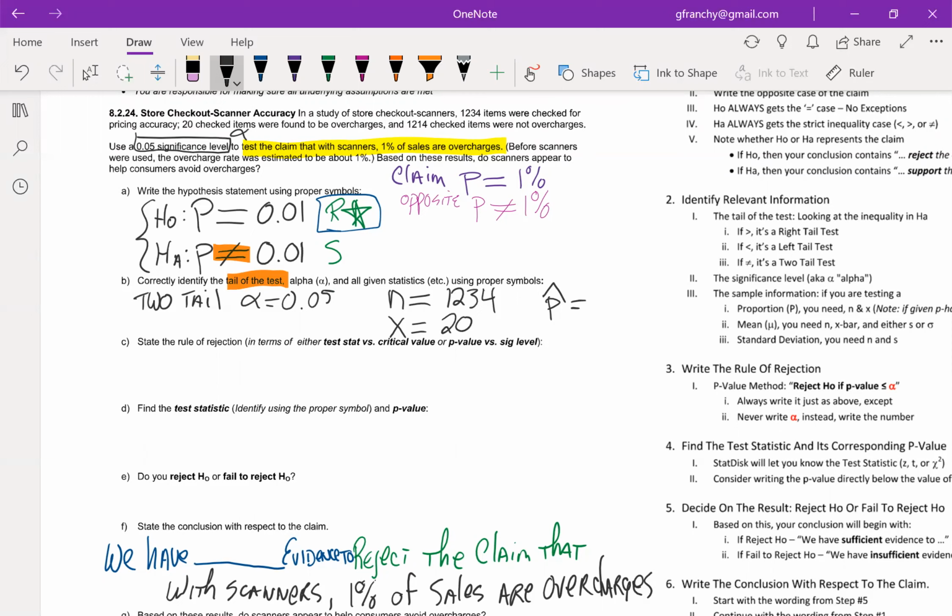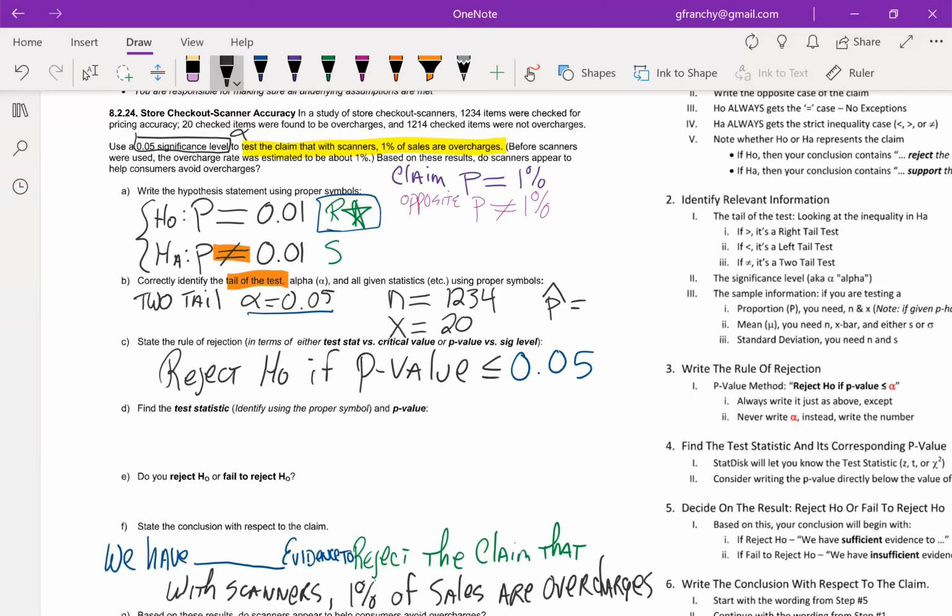That was 20. So we've got all of our relevant information. Now we can go down to our rule of rejection, which is reject null hypothesis if the p-value is less than or equal to, and again, we never want to write alpha, we want to write the number that is alpha.